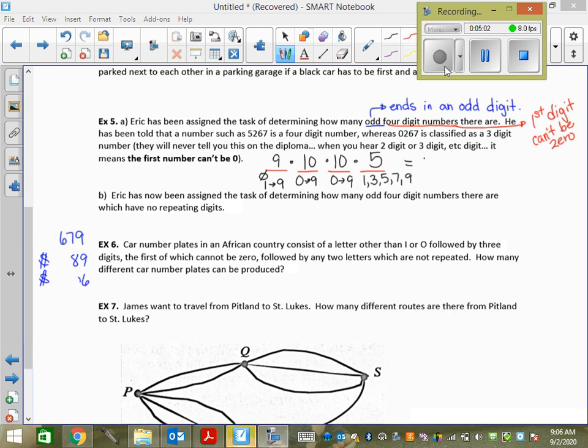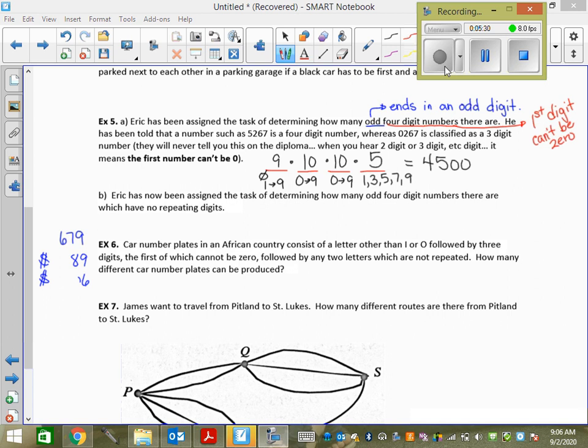Remember the dots? And the reason why you have to remember the dots is if you don't, then this is actually 910,105, right? If you don't have the dots, it's a number, which is not at all what it is. So you have 4,500 different odd numbers, right? 4-digit odd numbers.